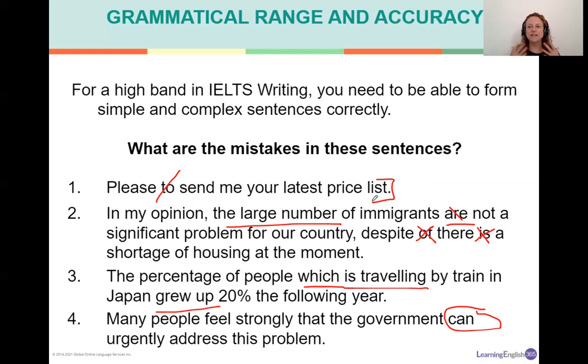If you just write in simple sentences, you find that your writing is very staccato. And if you write in too many complex sentences, one after the other, it can be difficult to follow what you're saying. Naturally, we mix the 2. And this is what you need to aim for in your IELTS written test. But of course, you need to do it correctly.